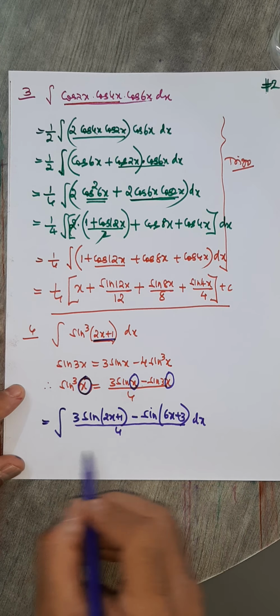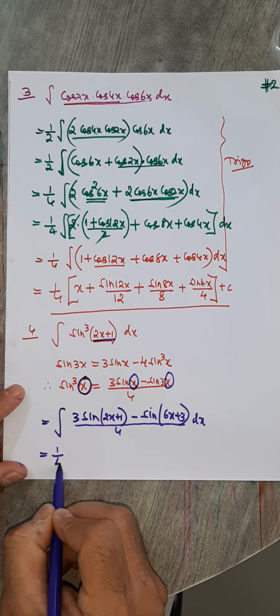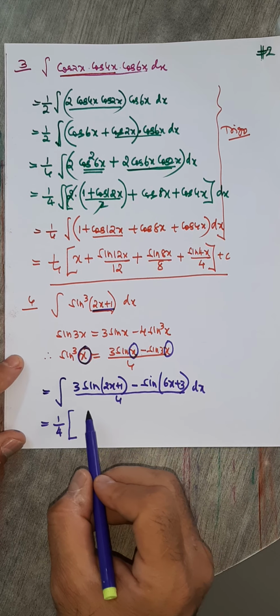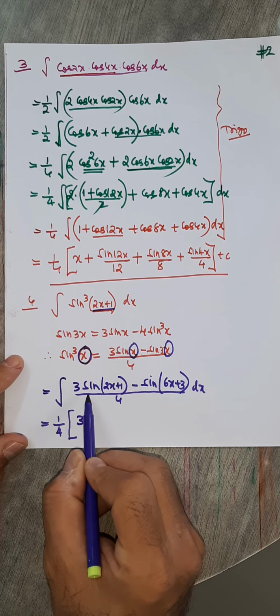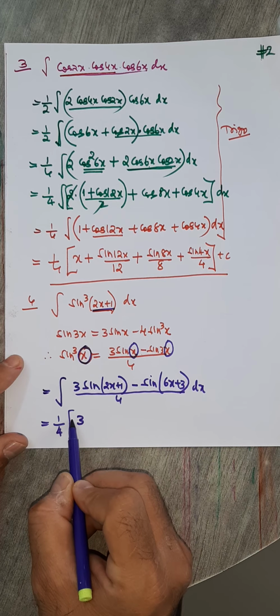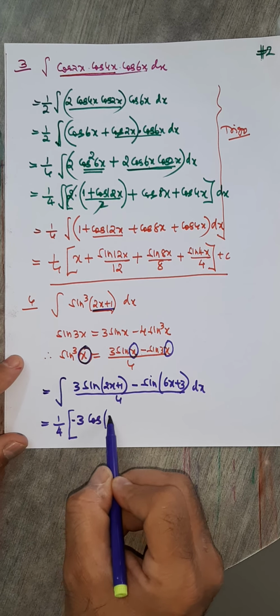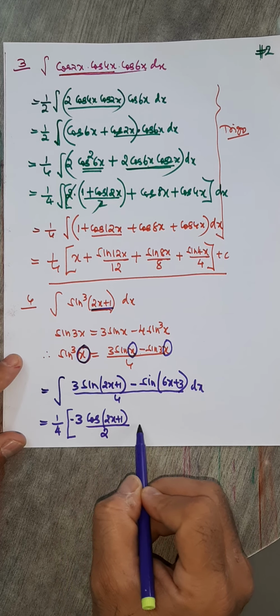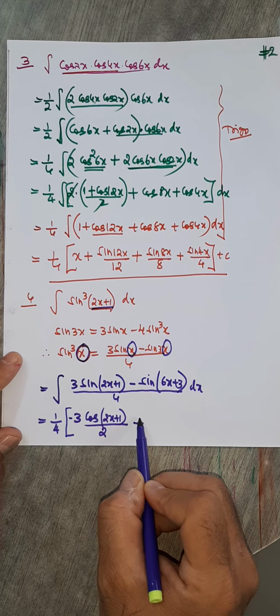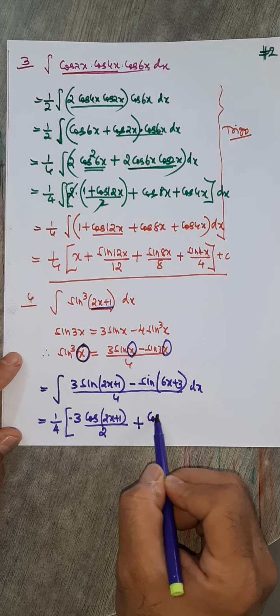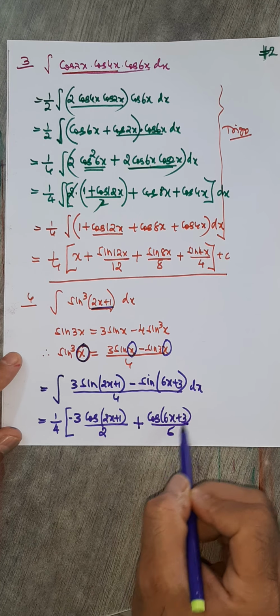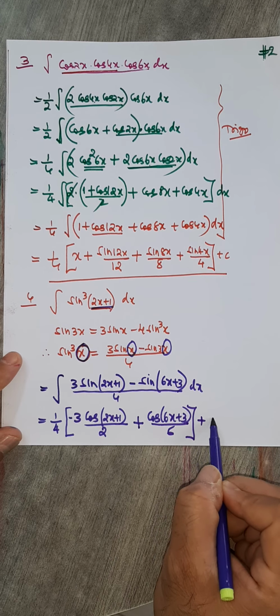Now this can be integrated very easily, you know. 1 by 4 being a constant outside. What about this? 3 being a constant as it is here, integral of sine, which is minus cosine (2x plus 1) by 2, the coefficient of x. Integral of sine is minus cos, so plus cosine (6x plus 3) the whole by 6, plus c.